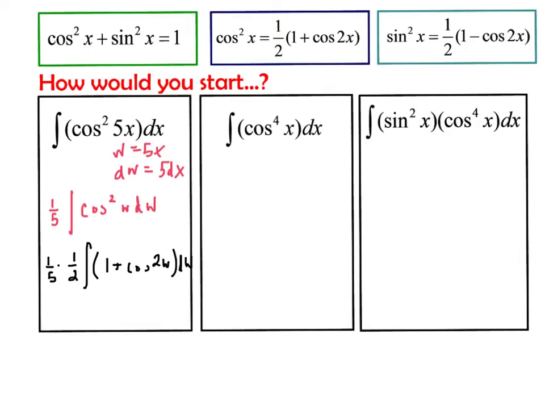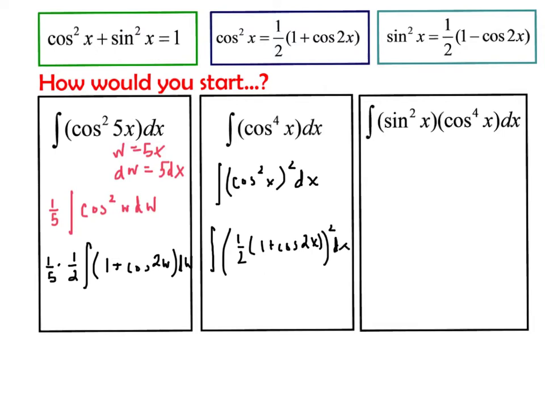And we just replace, and then you can just proceed through that, just doing the integral. Okay. The next one, cosine to the fourth. Well, cosine to the fourth, remember, is the same as cosine squared of x, squared dx. So I would replace the cosine squared with this and then square it. So we'd have 1/2 of 1 plus cosine 2x, squared dx.